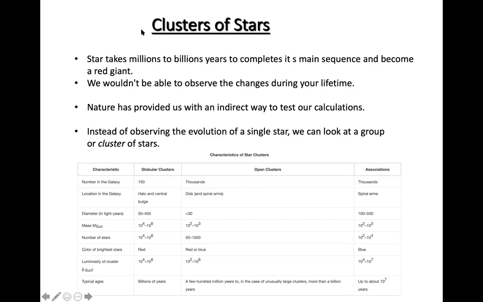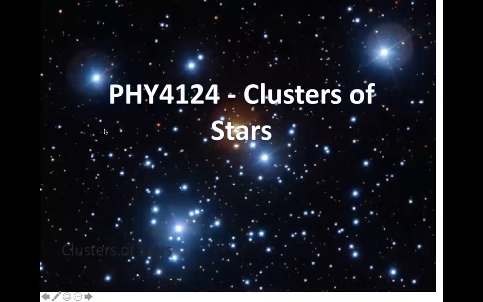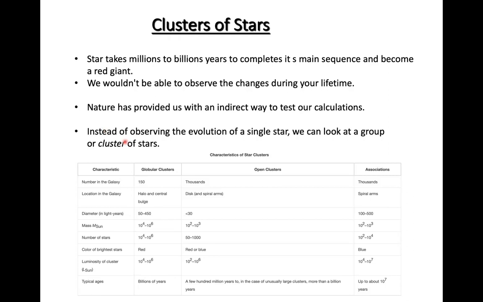So instead of observing the evolution of a single star, we can look at a group or cluster of stars. This is why we are talking about star clusters at this particular point.